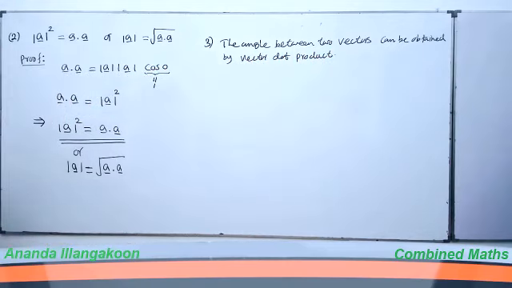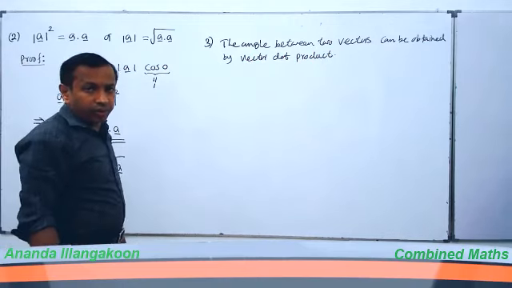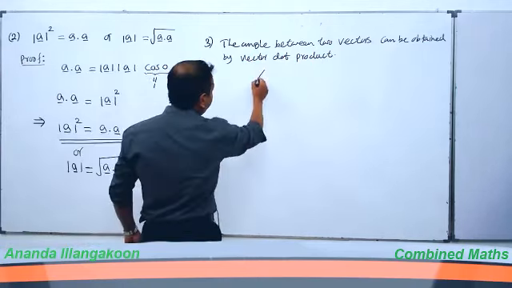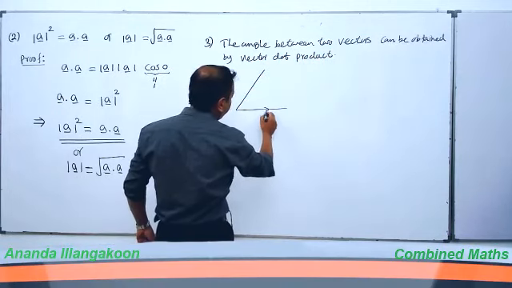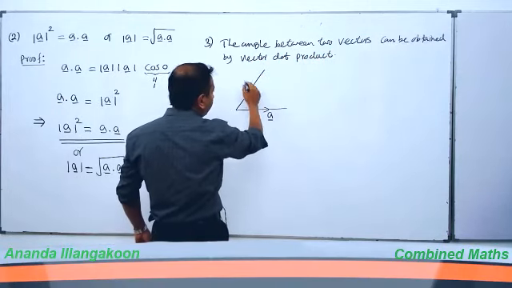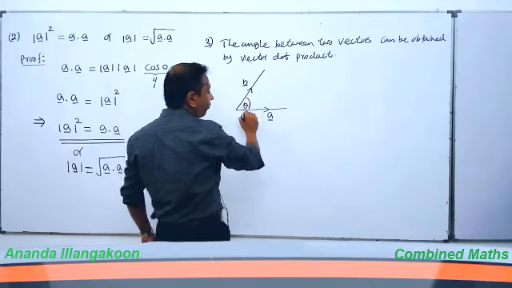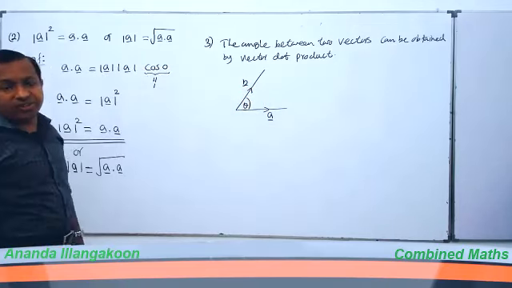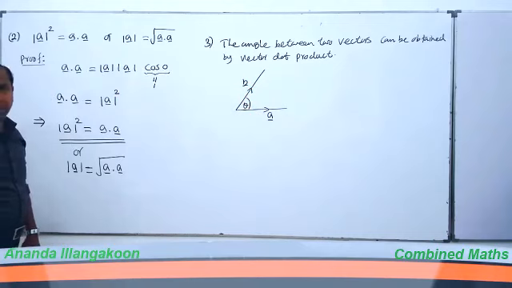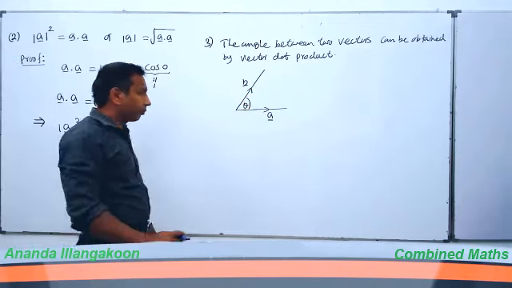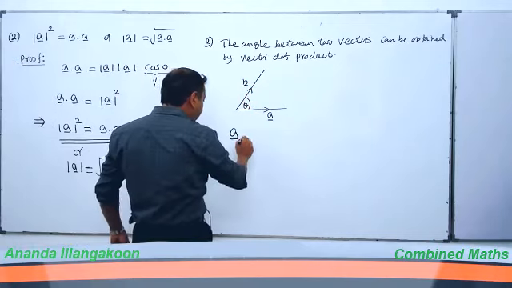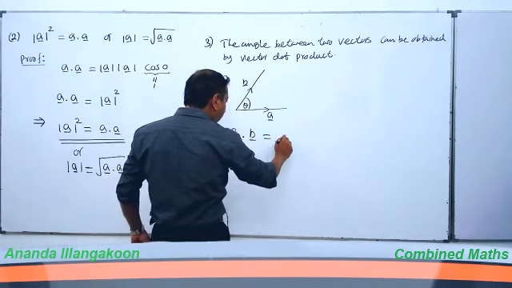Right, people? Suppose this way, we have two vectors. A vector here, B vector here. This angle is theta, suppose. Now I am going to find this theta. That can easily be found like this, people. A dot B, we can write how?